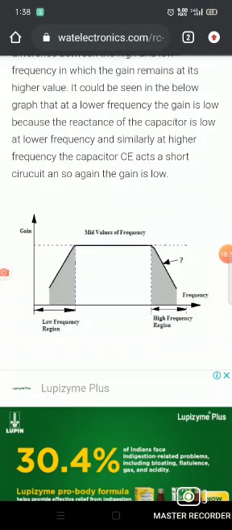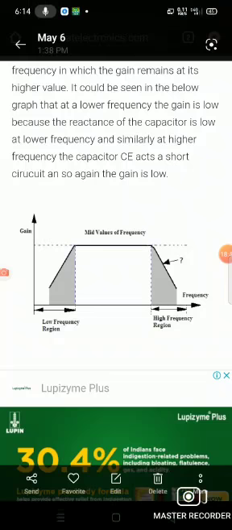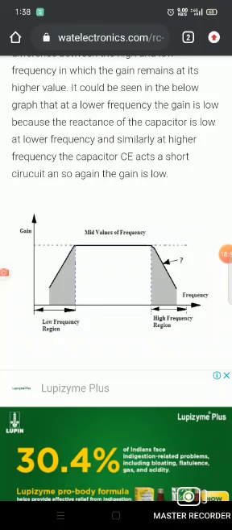So the difference between these two frequencies, that is, higher cutoff frequency minus lower cutoff frequency, is the bandwidth, right? But before this bandwidth calculation, how do we take the cutoff frequencies at the lower frequency region and at the higher frequency region?